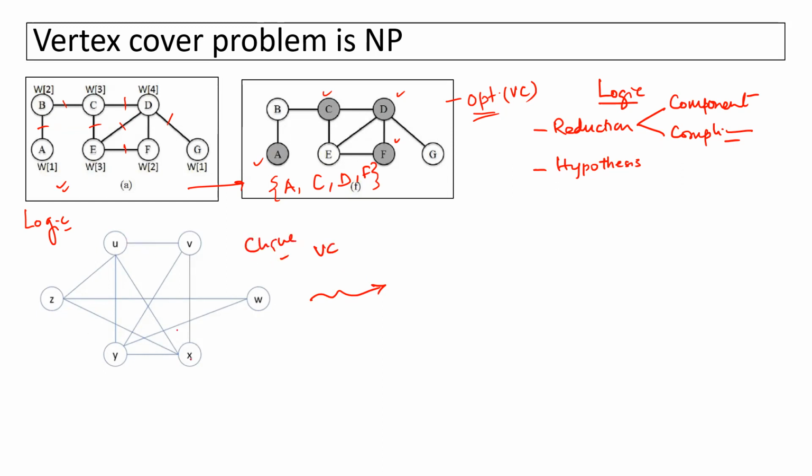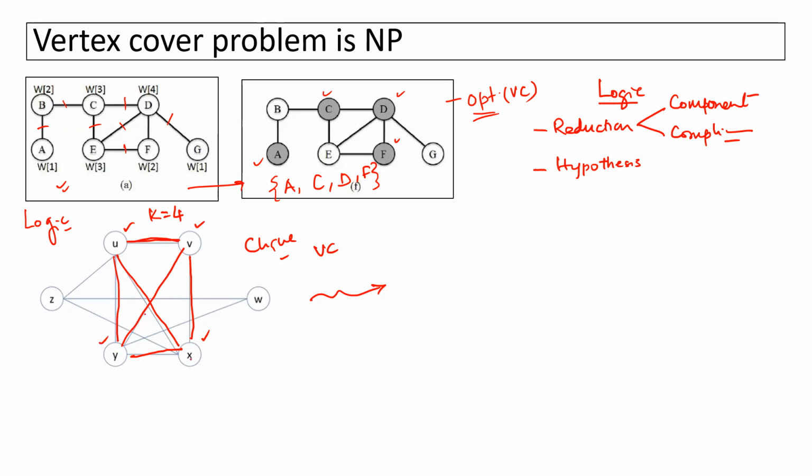So if this is a graph of 6 vertices, the first step is to find a clique of size k. For example, if I take something like this, this, this, and these two, this is a clique of k vertices where k is equal to 4, right?